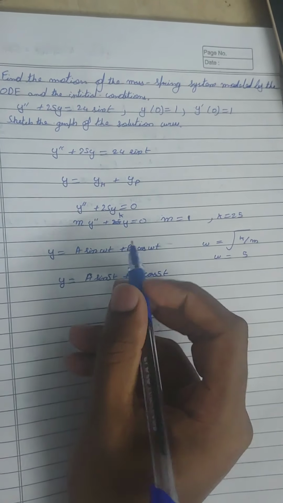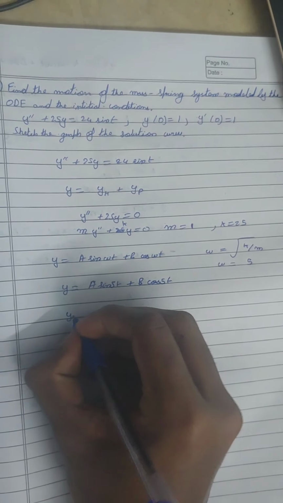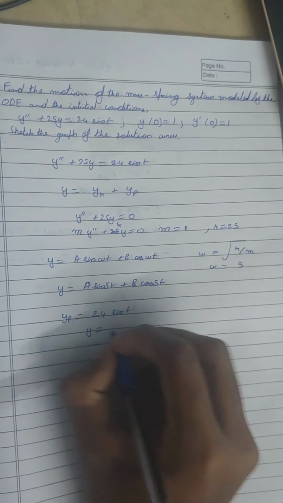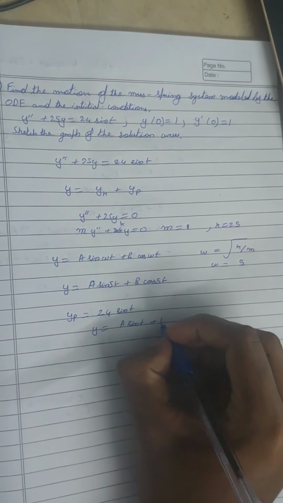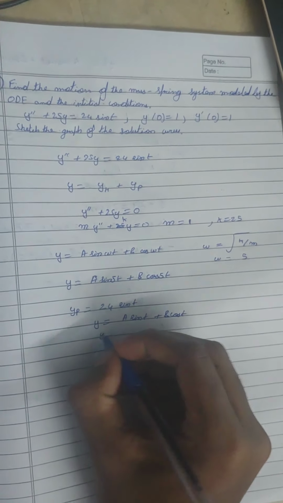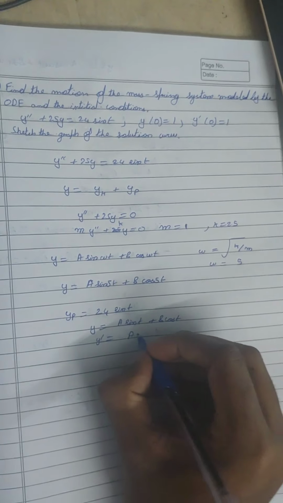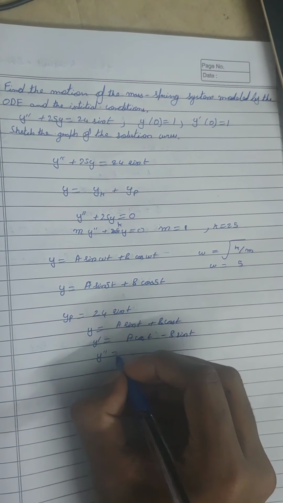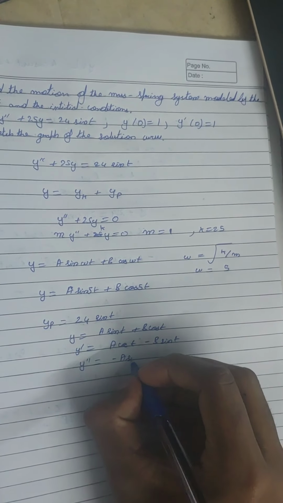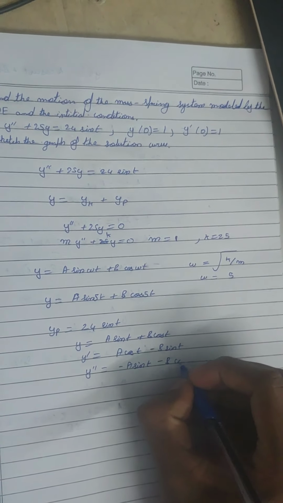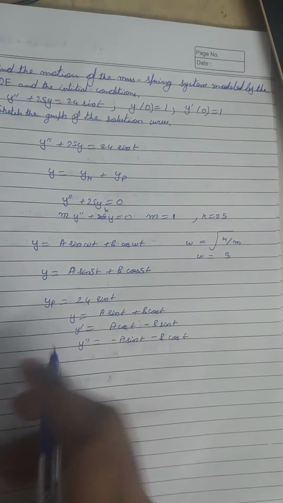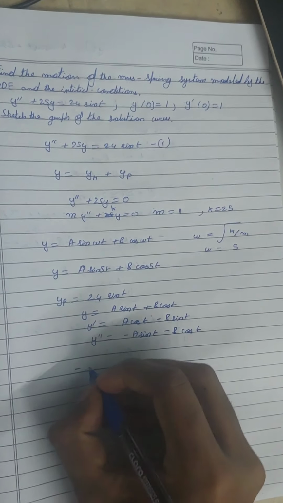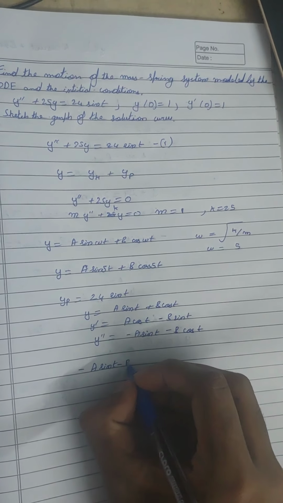Now taking the yp part, so yp for 24 sin t, we take as a sin t plus b cos t, and then we find y dash, which is a cos t minus b sin t, then y double dash is equal to minus a sin t minus b cos t.